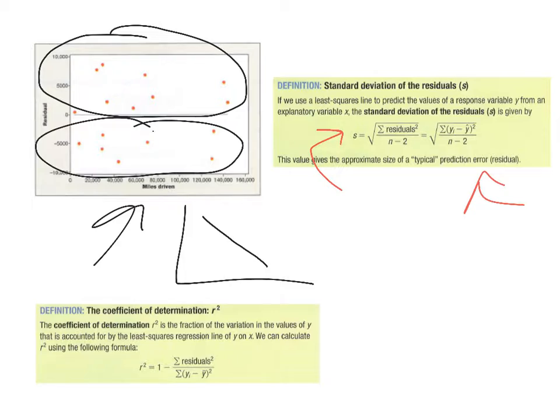Also, just like standard deviation before, our units here are going to be the same. For instance, our units here for our residuals are dollars, right? The cost and how far off that cost is from the predicted cost, the actual cost and the predicted cost. So our units for standard deviation here would also be dollars, just like it was before. Remember, our units won't change.